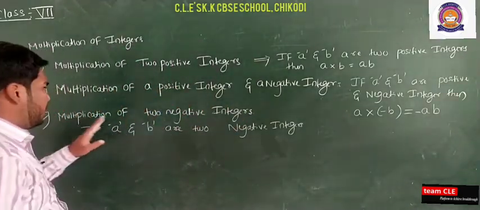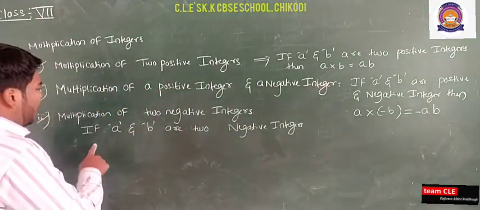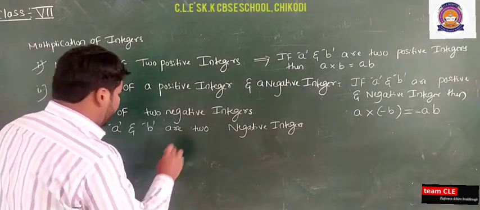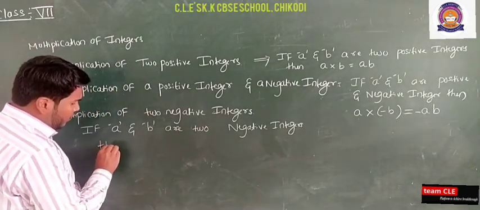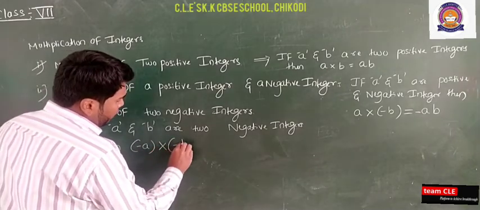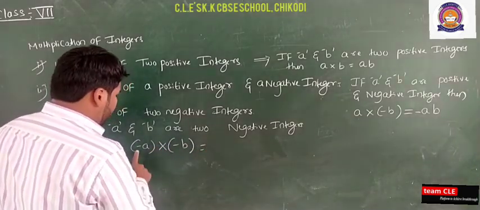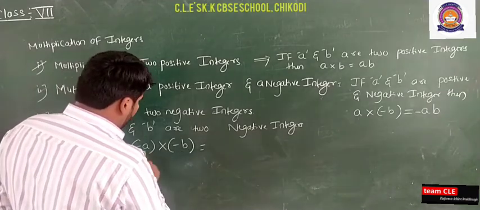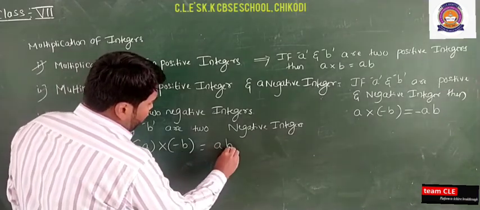Now comes the multiplication of two negative integers. If a and b are two negative integers, then minus a into minus b: minus into minus gives plus, so it is equal to ab.